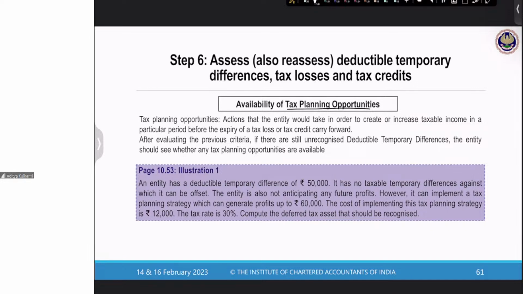Under the Companies Act, you will always follow it. But for tax purposes, in the future, you decide that if I convert my accrual system into a receipt system, then income will arise in the future. That taxable income, I can take as a step to meet the losses which I am incurring now. Those are known as tax planning opportunities.